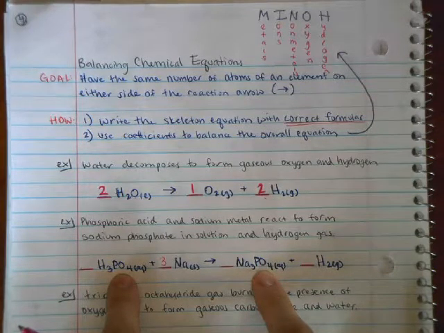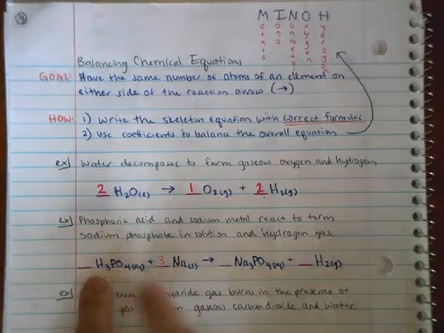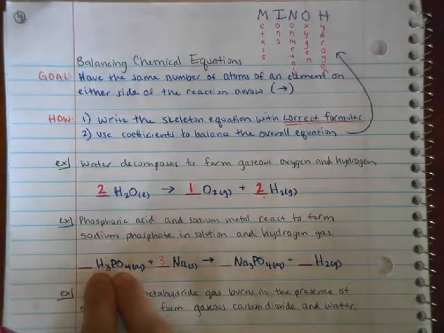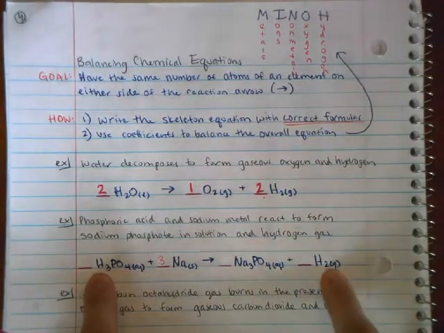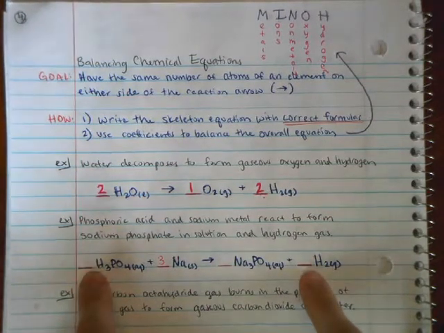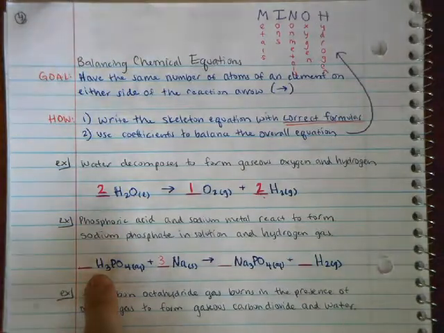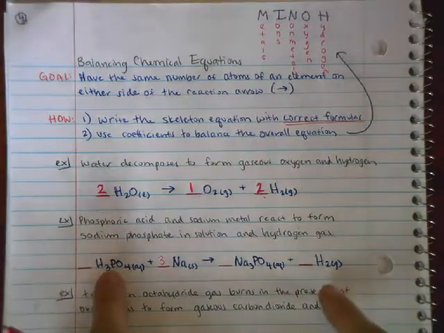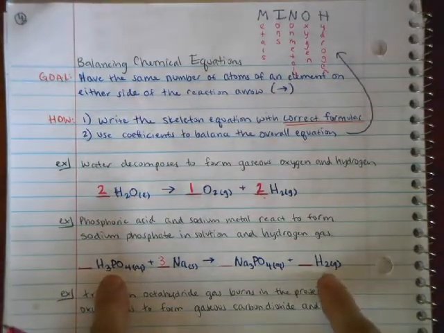This is where we run into a slight problem. On the left we have 3 hydrogens, and on the right I have 2. So I can't just put a coefficient in front of one of these, I have to put a coefficient in front of both. And the best thing to do is to look for a number that both of those numbers go into. So 3 and 2 both go into 6.